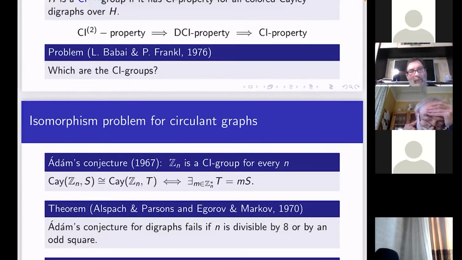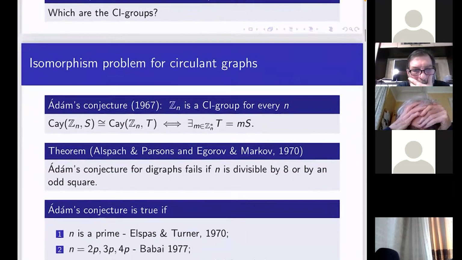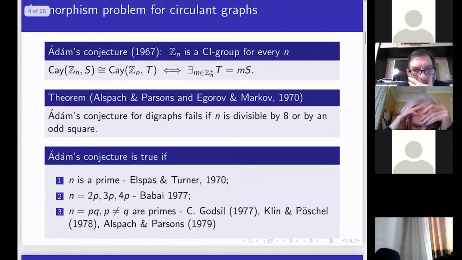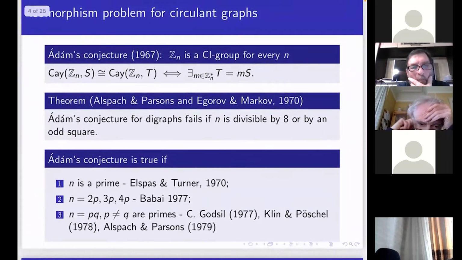So for undirected graphs, there are more values of n for which Adam's conjecture is true. Now, of course, this theorem shows that Adam's conjecture fails in general, but there were found infinite series of orders for which Adam's conjecture is true.